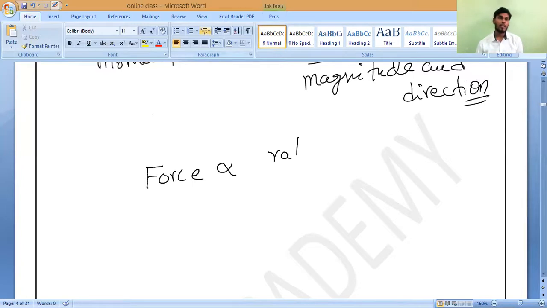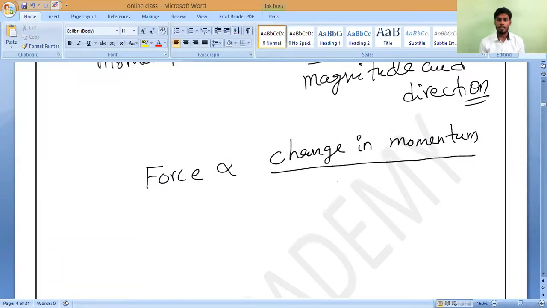Change in momentum by time taken. That is what we call the rate of change. Yes. Force is directly proportional to change in momentum divided by time taken.